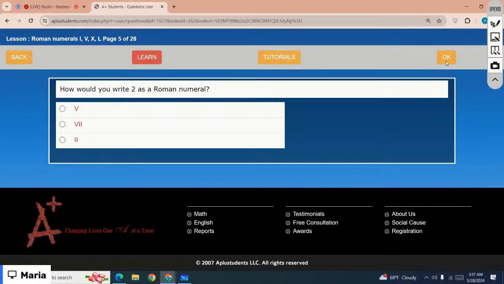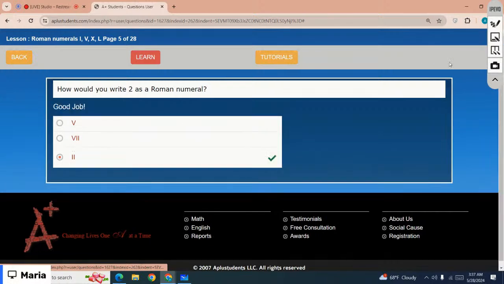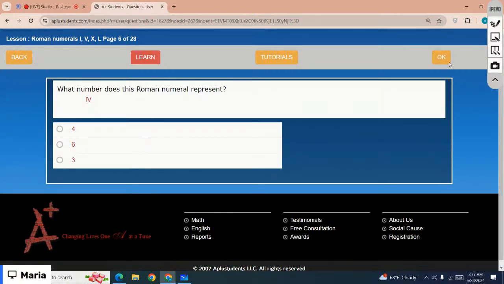The correct option is, yes, the third one is the correct option. What number does this Roman numeral represent?